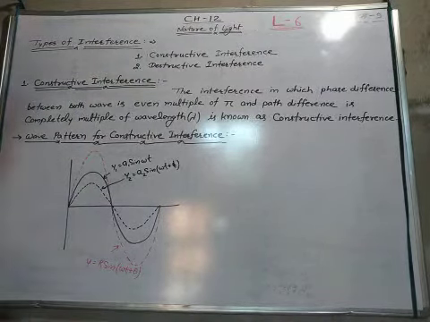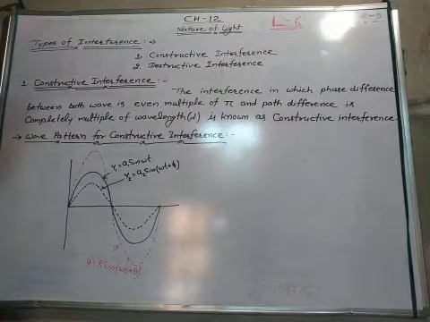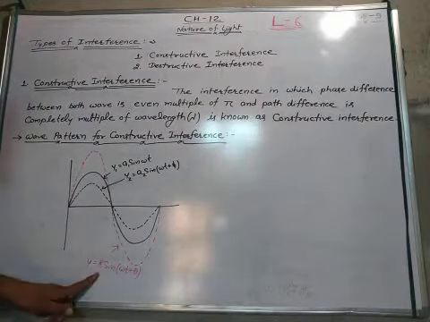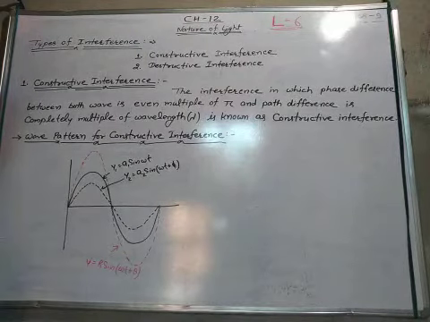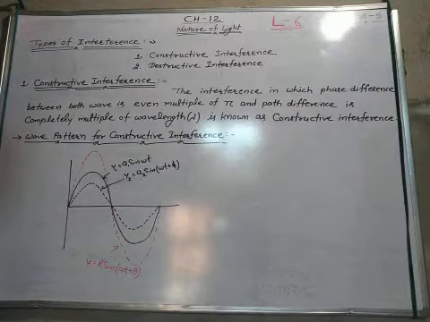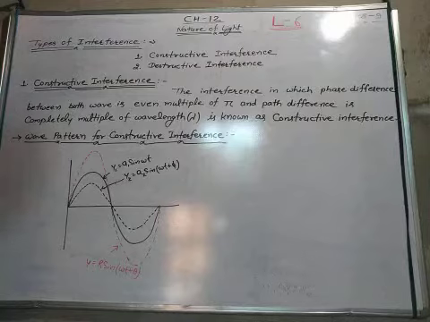Theta is the phase difference of the resultant wave and capital R is the amplitude of the resultant wave. Now you can take a screenshot of this screen to prepare your notes.